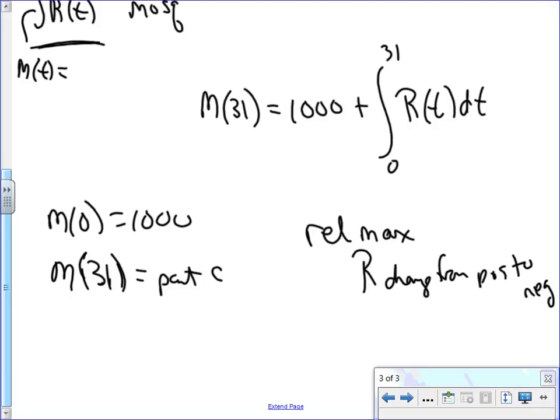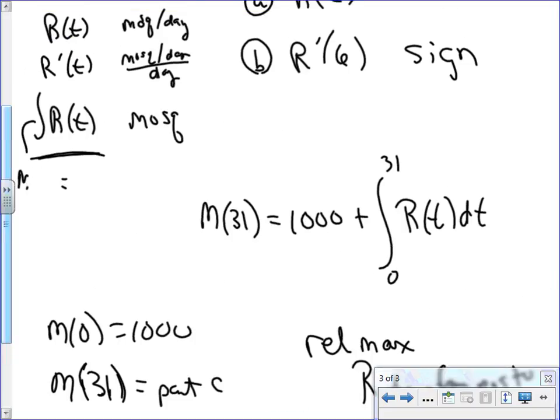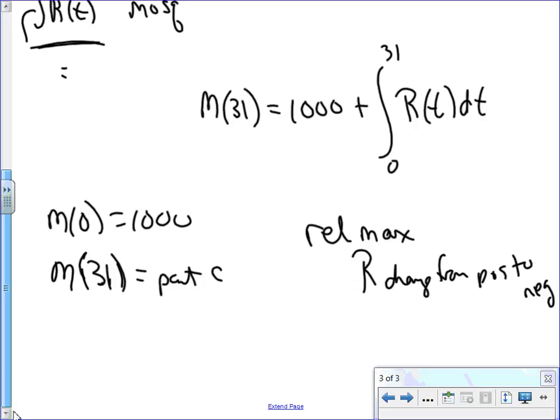I want the maximum number of mosquitoes, so I need the derivative of mosquitoes. That's R. R changes from positive to negative.